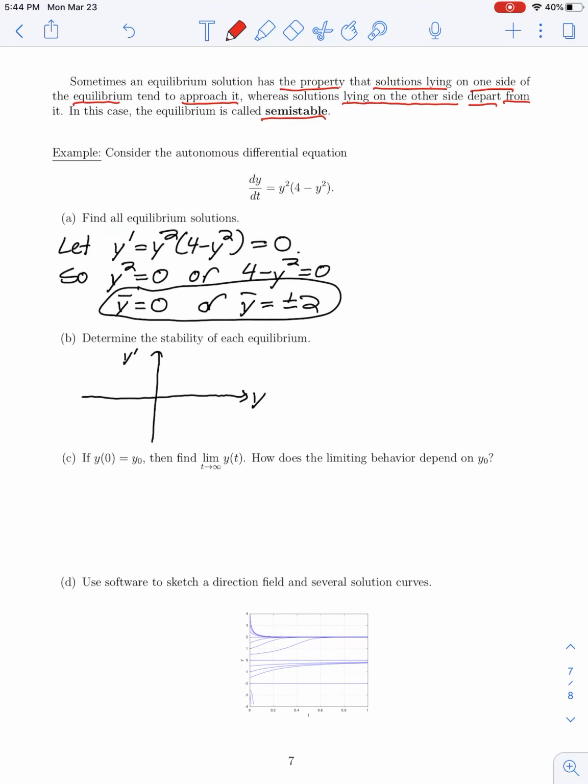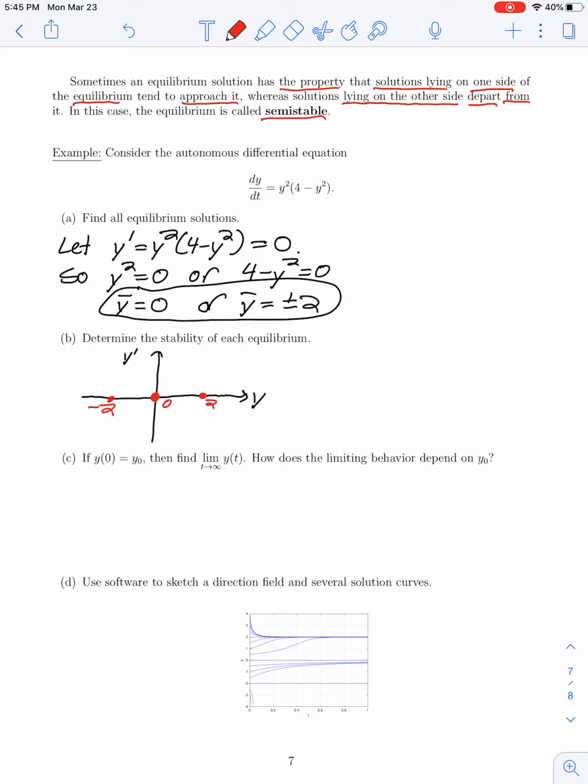And an easy way to graph this is by first plotting our equilibrium solutions, which we found as 0, positive 2, and negative 2. And to determine what the graph of y prime looks like, we can determine whether y prime is positive or negative on each of these subintervals.